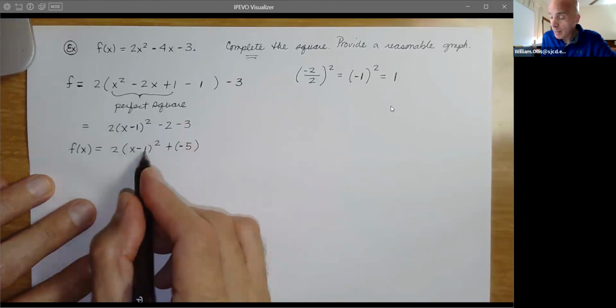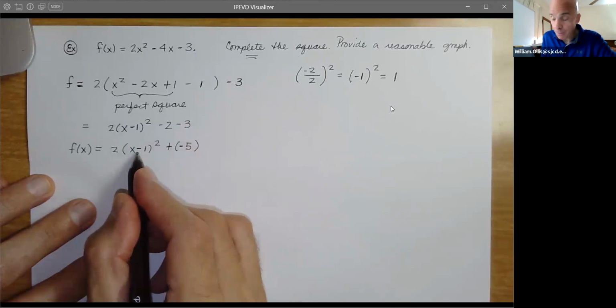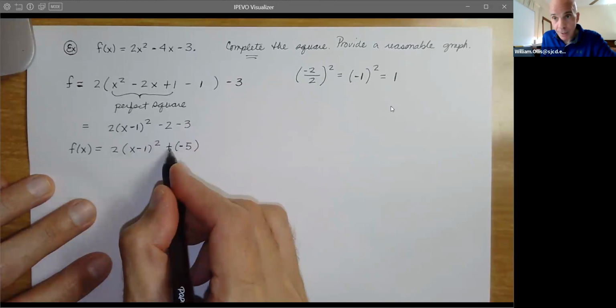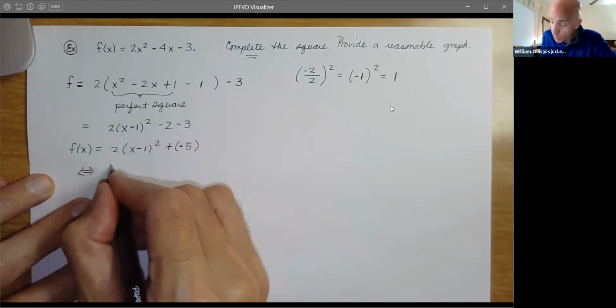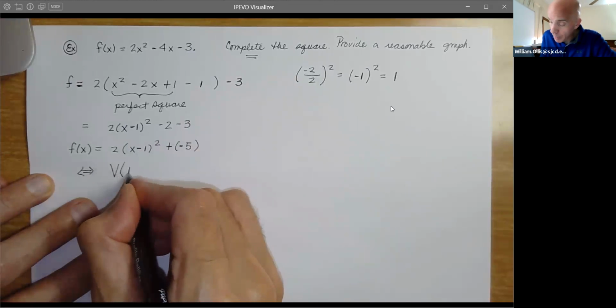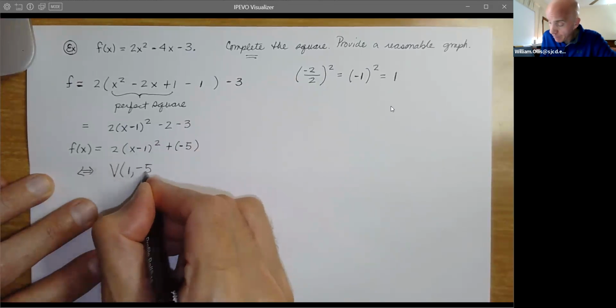So now look, the h has the negative, the k has the plus. So this implies, or equivalently, the vertex will now be 1, -5.